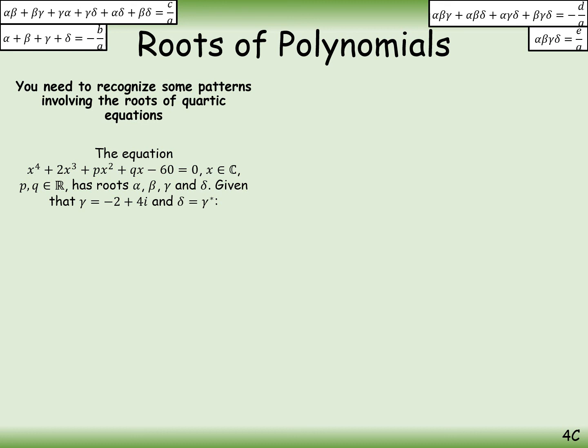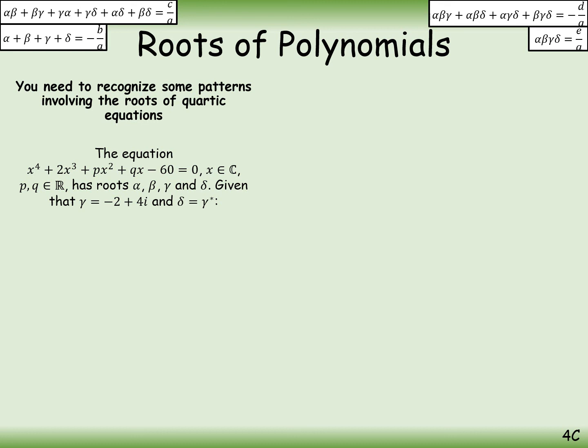So here's a question. We have an equation, x to the 4 plus 2x cubed plus px squared plus qx minus 6 equal to 0, where x is a member of the complex numbers and p, q are members of the real numbers, and we're told the roots are alpha, beta, gamma, and delta.